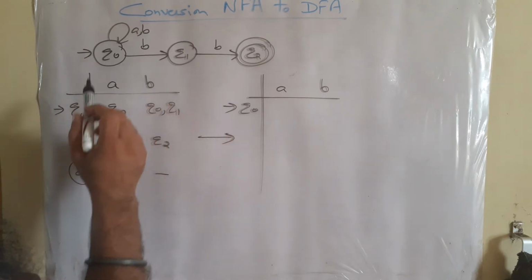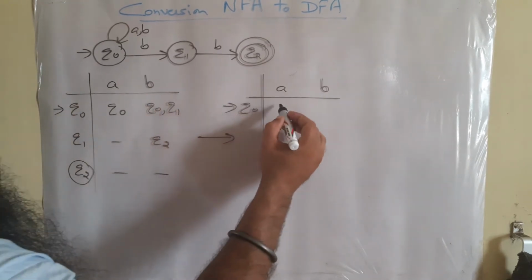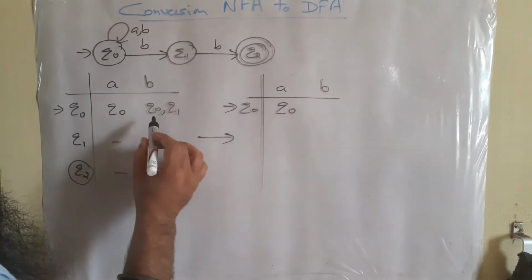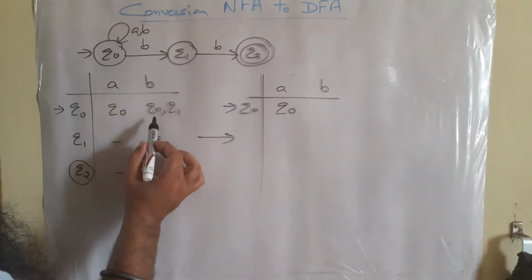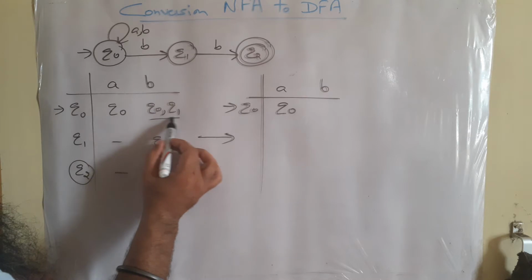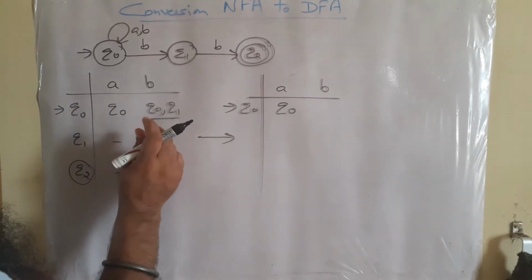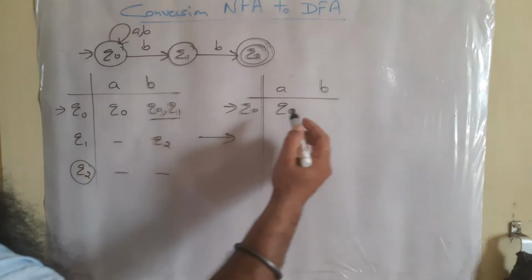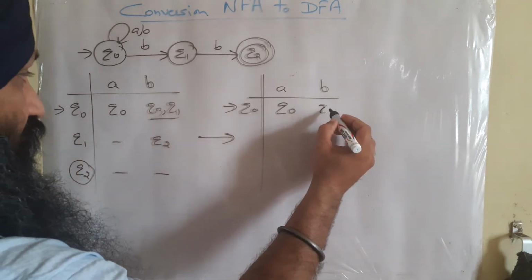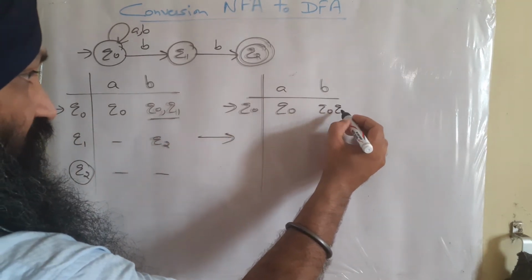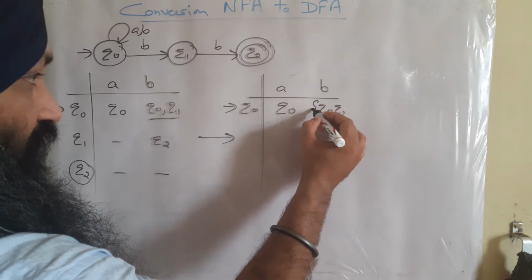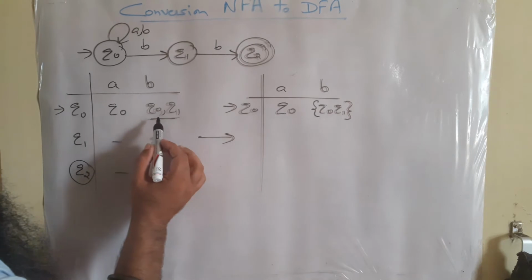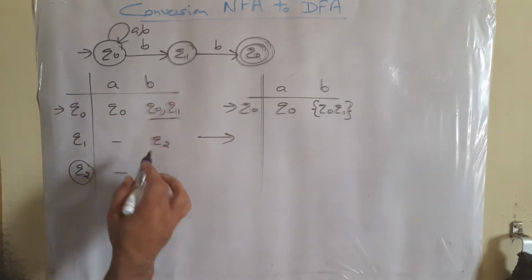Now you can observe that with respect to input symbol A, we get Q0, but with respect to B, we have two output states. With these two output states, we have to create another new state, denoted as curly bracket Q0 Q1, as given in the transition table of NFA.